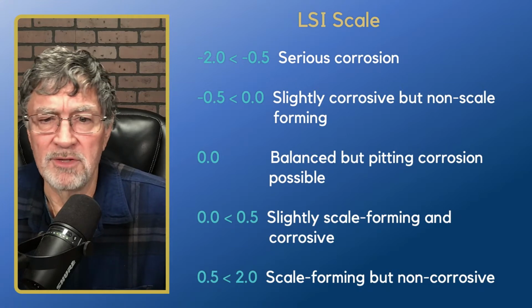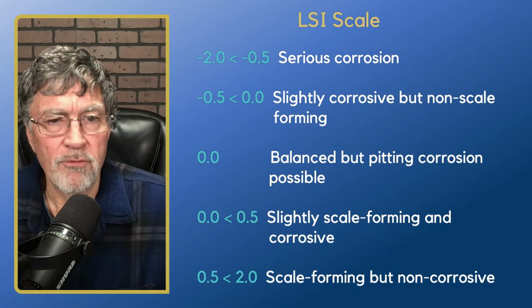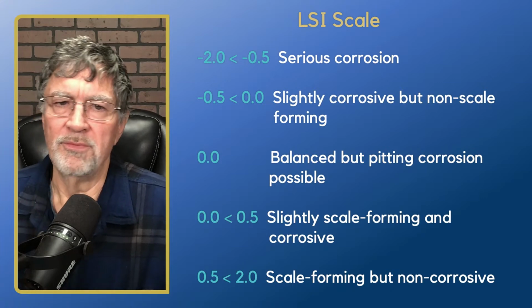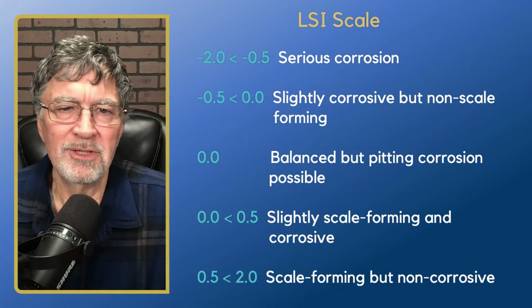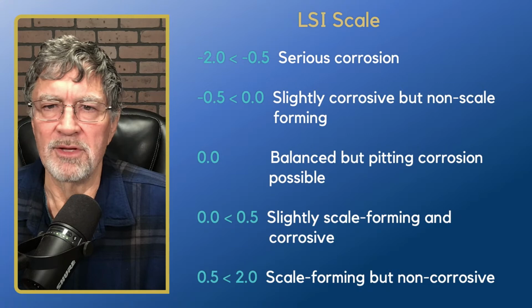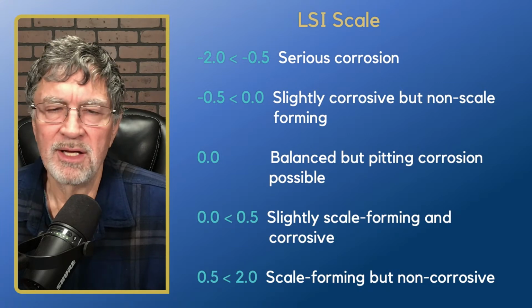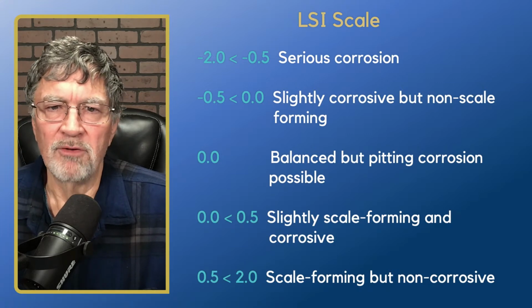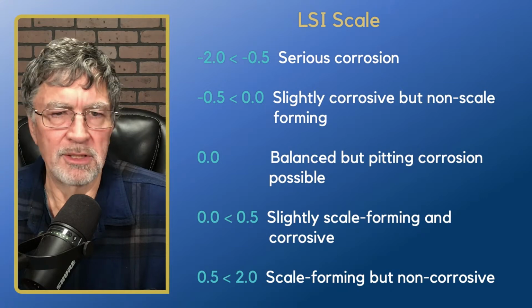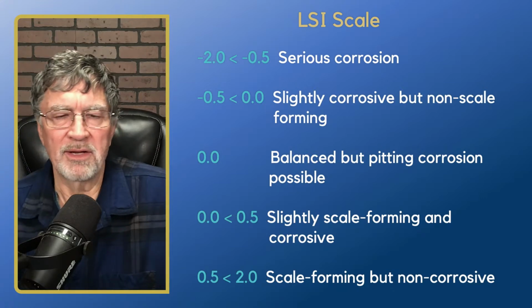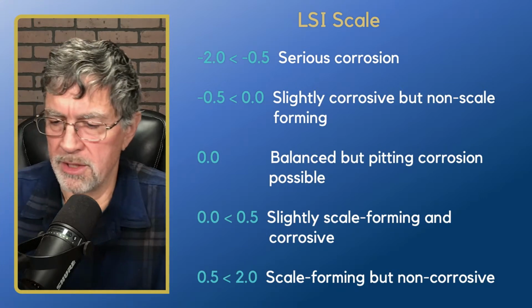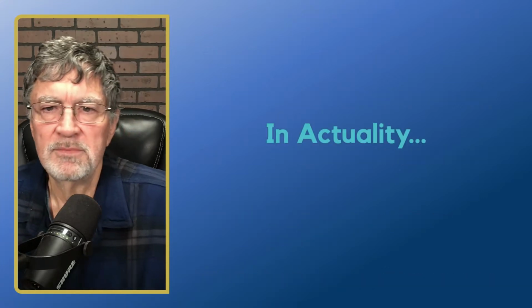And then 0.5 to 2, it's scale forming but non-corrosive. So this is basically how to interpret your LSI numbers. And like I say, LSI is going to range from -2 to +2, and that kind of shows you where you are in this spectrum.